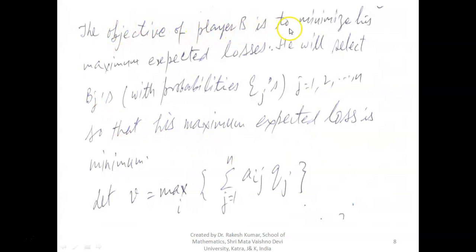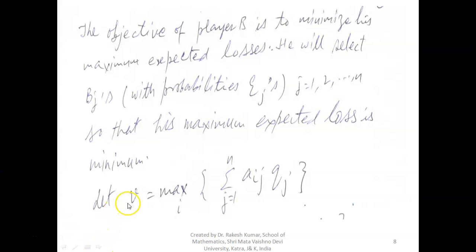Similarly, the objective of player B is to minimize his maximum expected losses. He will select Bj's or Qj's, j from 1 to n, so that his maximum expected loss is minimum.